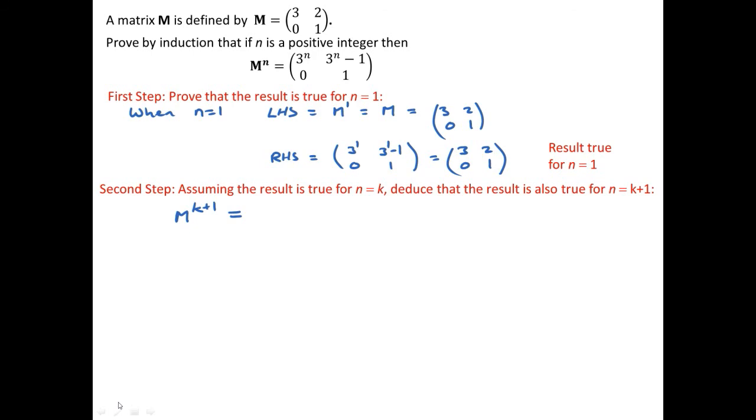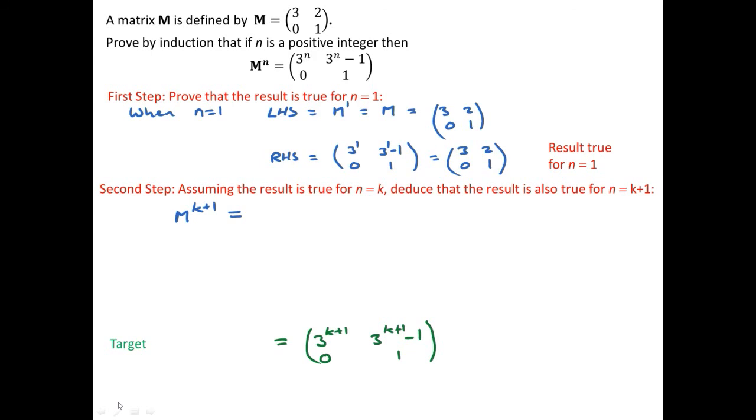In other words, we've got to show that M to the k plus 1 is the matrix with 3 to the k plus 1 as the top left entry, 3 to the k plus 1 take away 1 as the top right entry, 0 as the bottom left entry, 1 as the bottom right entry.